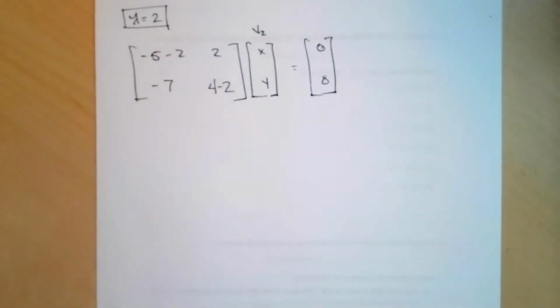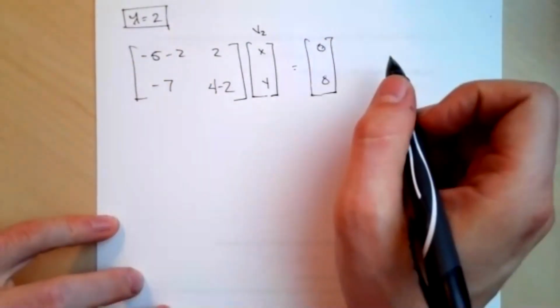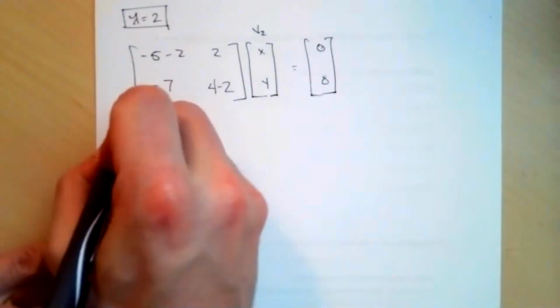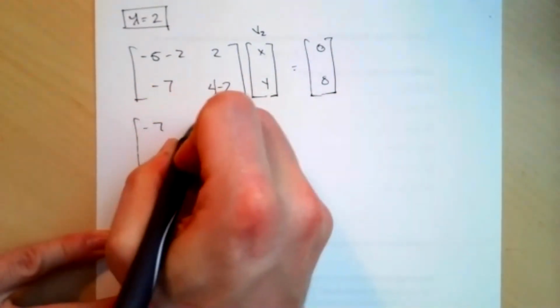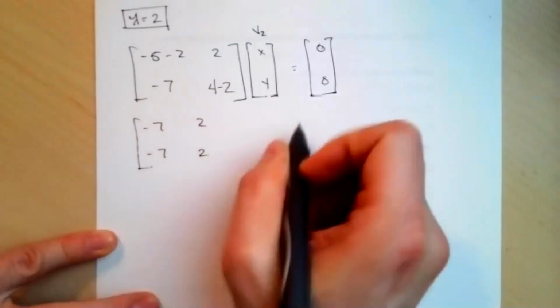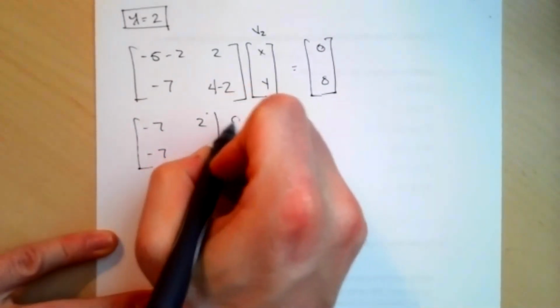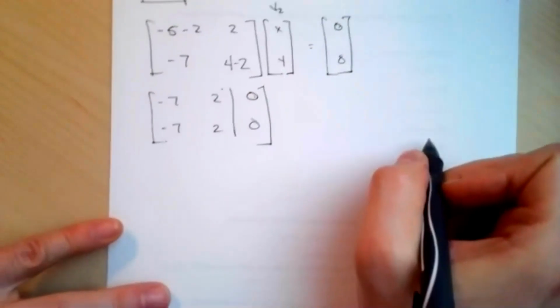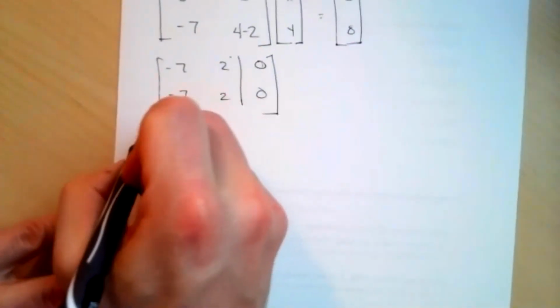And the eigenvector associated with eigenvalue of 2. And so what is our equation going to be? -7, 2, -7, 2, augmented by zeros. Easy enough system to solve.